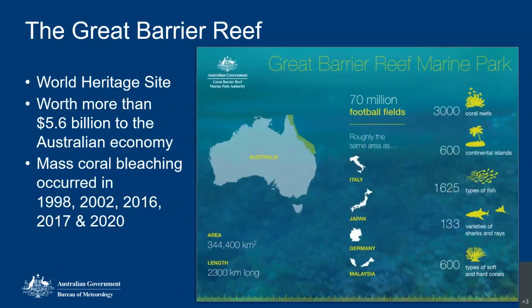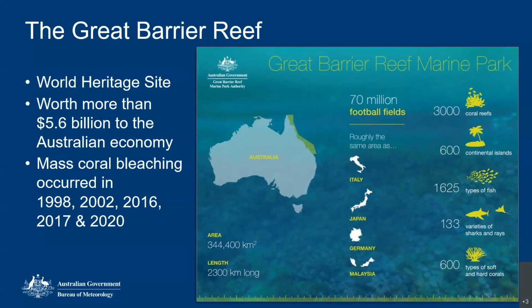The Great Barrier Reef, we have referred to it a few times. It's significant when we talk about coral bleaching risk because it has experienced several events in the last couple of decades. So 1998 and 2016 were El Nino years, and there was significant bleaching in these events, but also in 2002, 2017, and 2020, which were not El Nino years, bleaching also occurred.